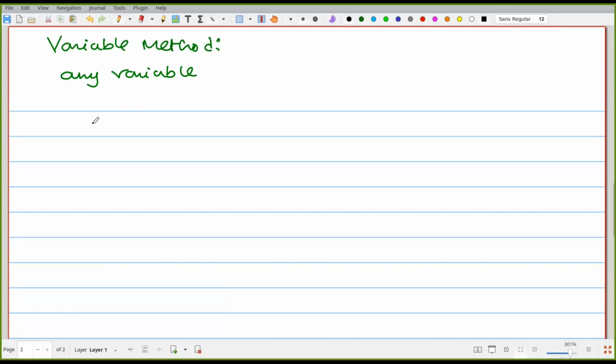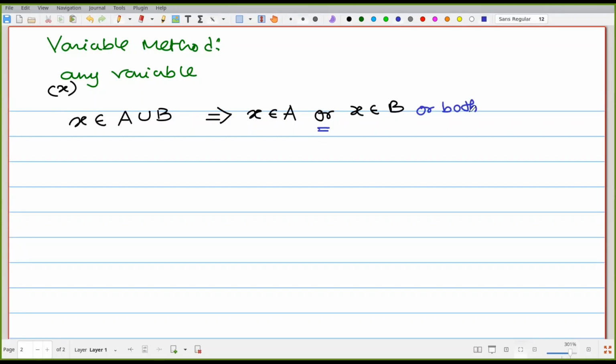Suppose x is given, x belongs to A union B. That implies x belongs to A or x belongs to B. Already in the case of probability, we have checked that union means or, moreover, or both.